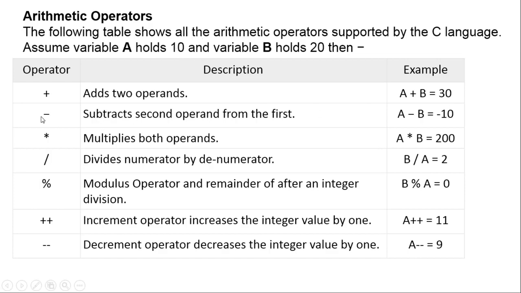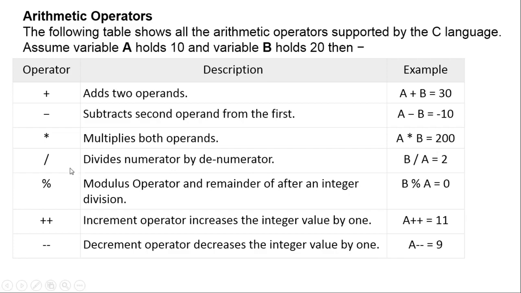Now the second operator is minus, which subtracts the second operand from the first. If we write an example like A minus B, then the value is 10 minus 20, which is equal to minus 10. Then the third operator is multiplication, which multiplies both the operands. Here if we perform A multiplied by B, meaning 10 multiplied by 20, then the value is 200.